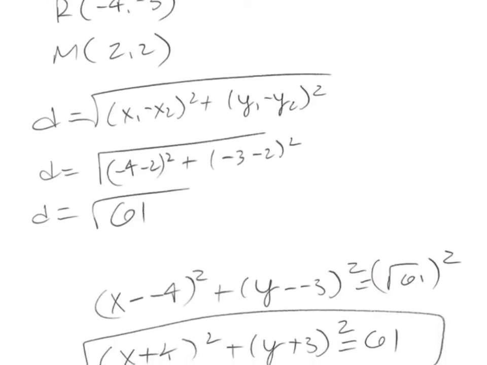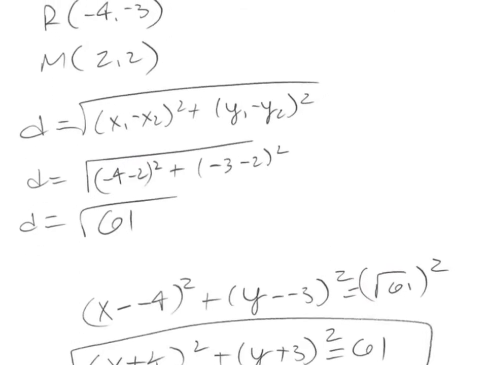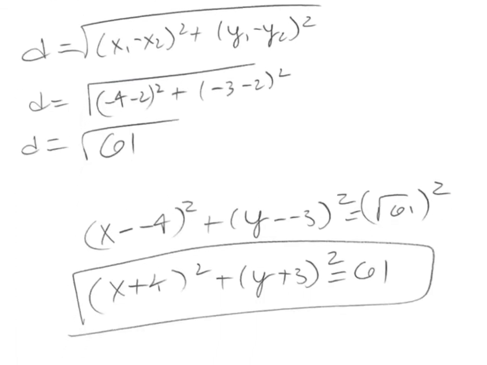When I plug it into the formula, it looks a little weird, but right here, the square root of 61 squared makes the radical go away and makes the squared go away, and we're just left with a plain 61. Also notice, please, that we do not leave it as minus, minus. It becomes plus.